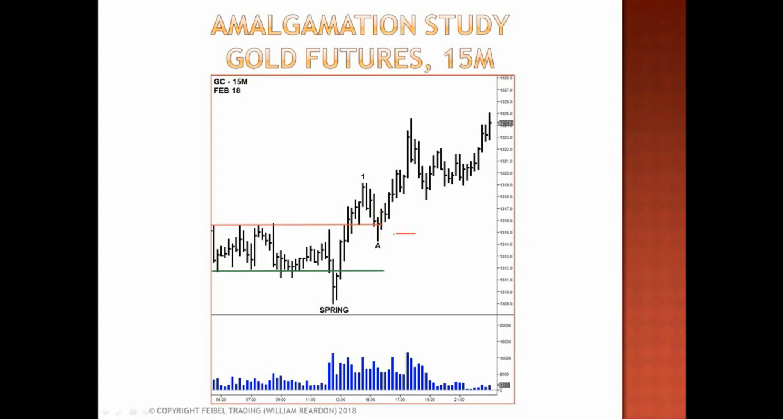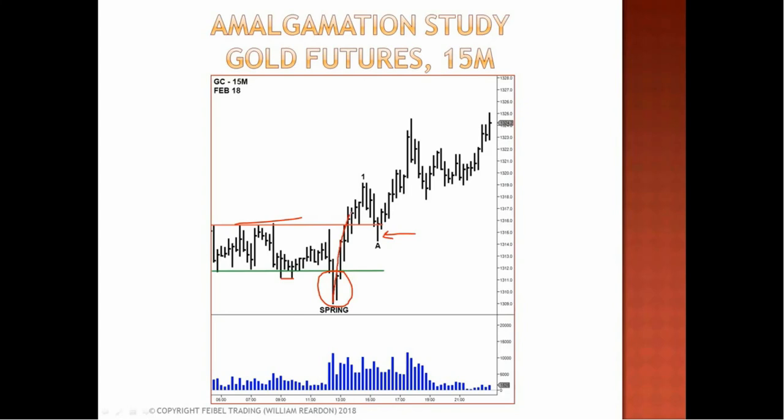To wrap this bar A up, it is a good place for a long, as our story is of strength. We come from a trading range where we spring down here. I haven't spoken about this, but we spring strongly. We dip under all this price action, and what happens?